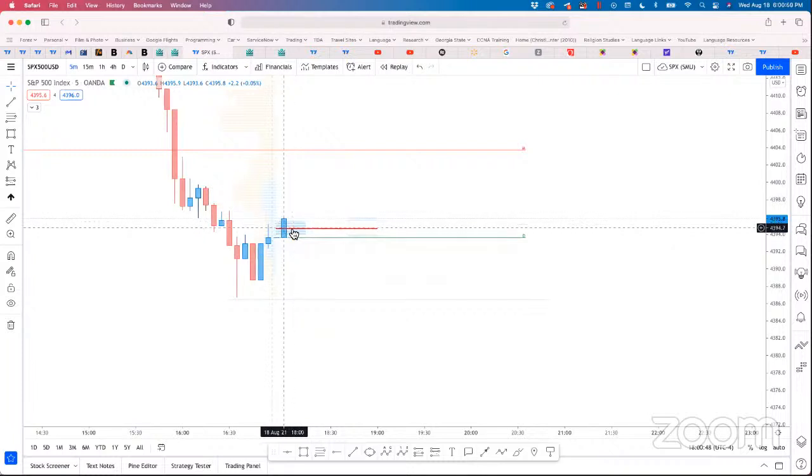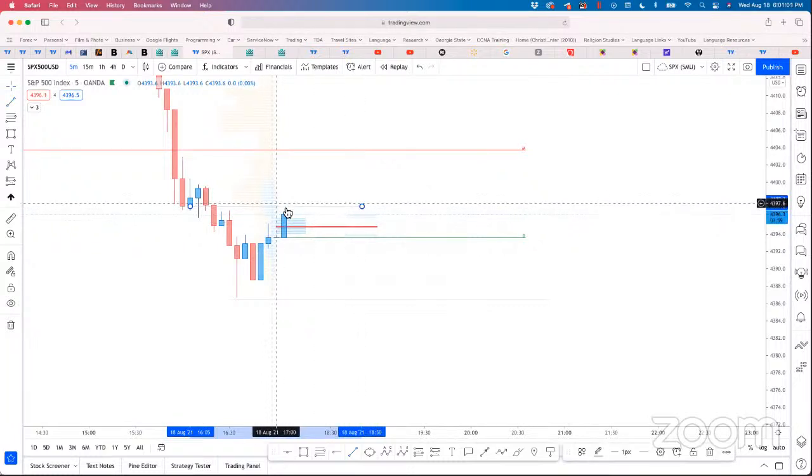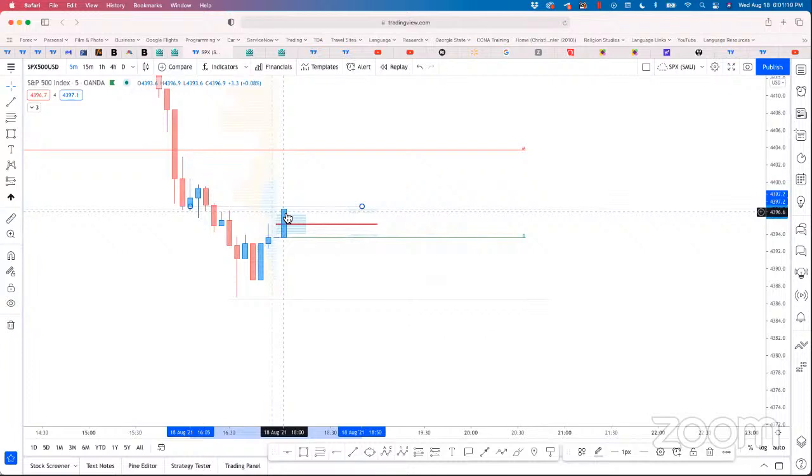If we reject this somewhere, like this is the potential rejection right here. That's our first potential rejection. If we can come to this area and you see a flip where you see the point of control go below price, then you're going to have to say, is this selling pressure or not?